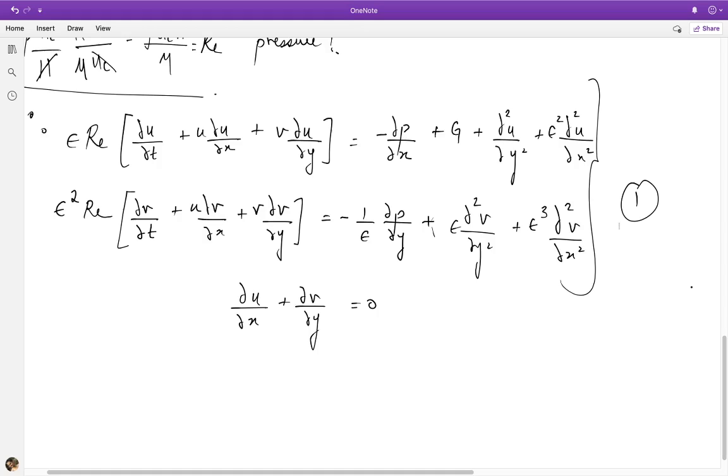In either case, we can now look for a perturbation expansion in epsilon. So let me just focus on the u variable, but this applies to all other variables.